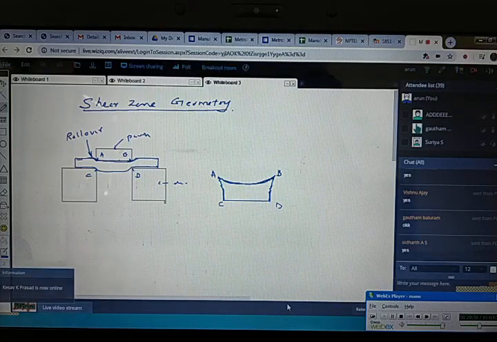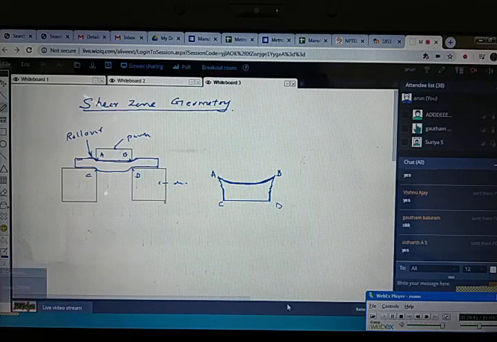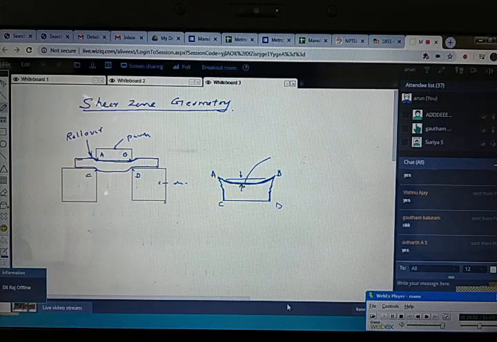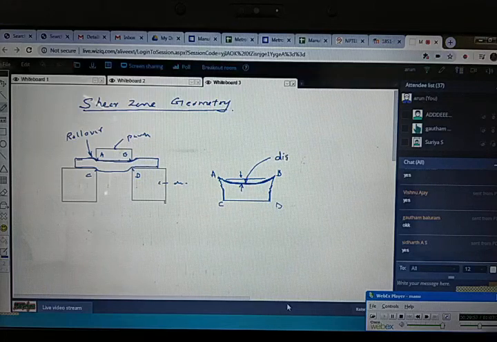And you can see that there exists a small depression at this portion. That depression is what we call dishing.